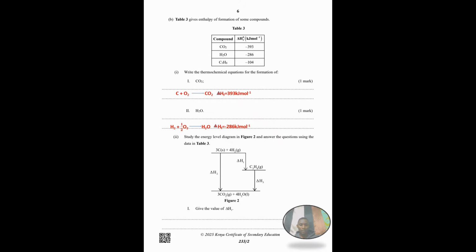So enthalpy change H1, that is the enthalpy of formation of propane. We need to understand that this is the enthalpy of formation of propane, and this is the enthalpy change of combustion of propane.